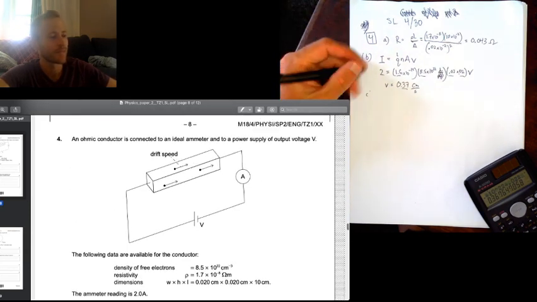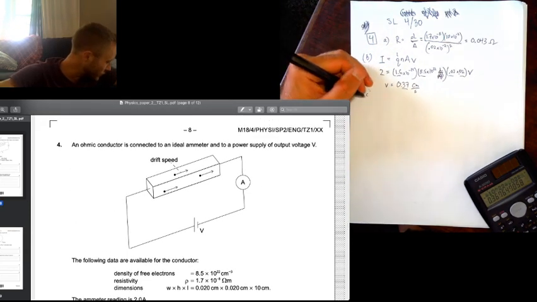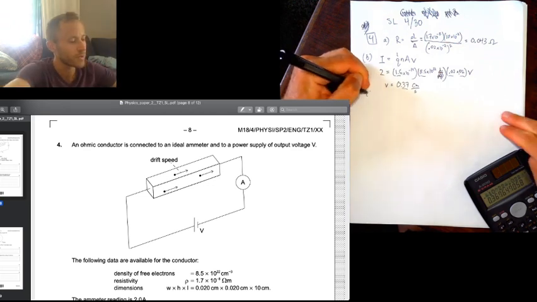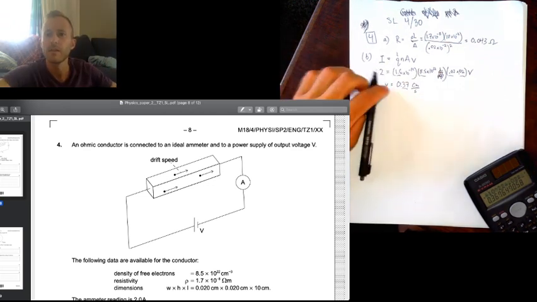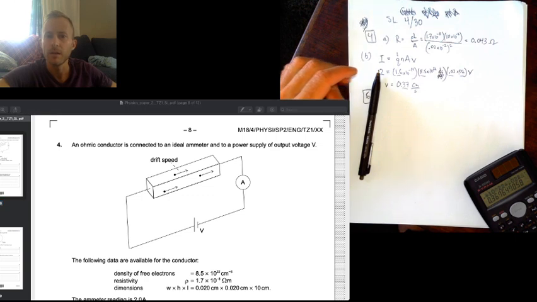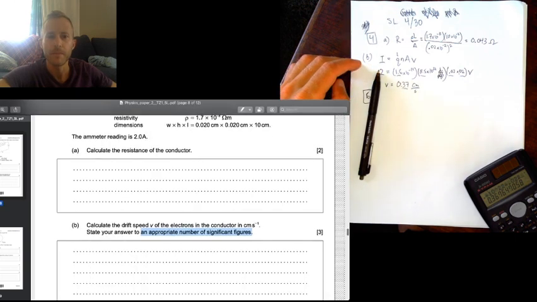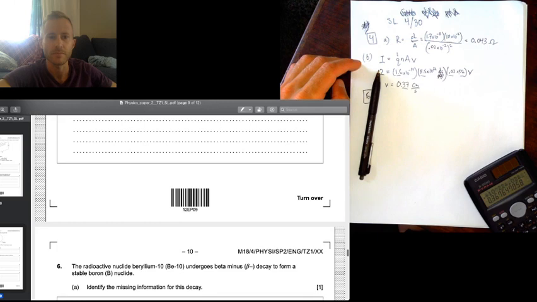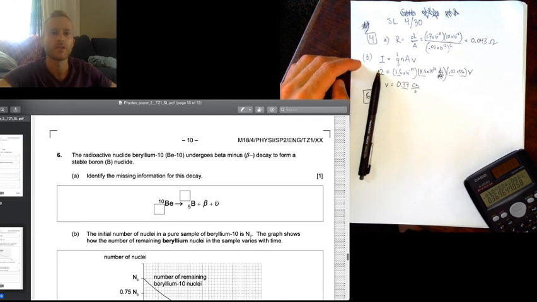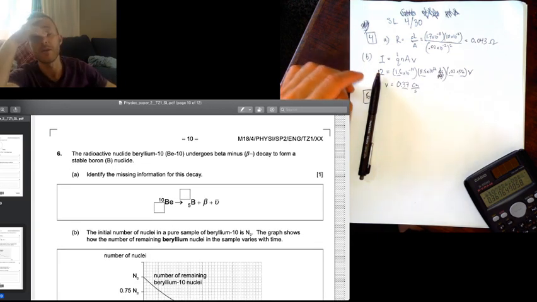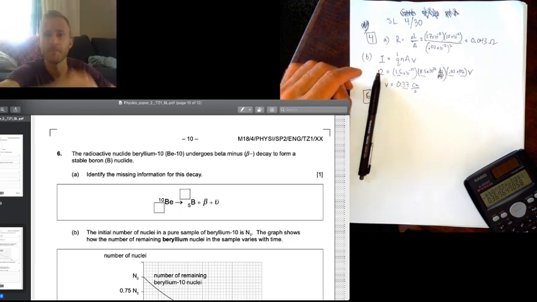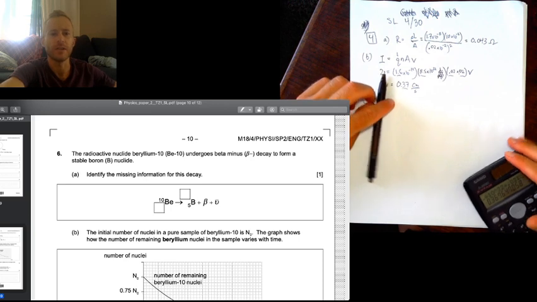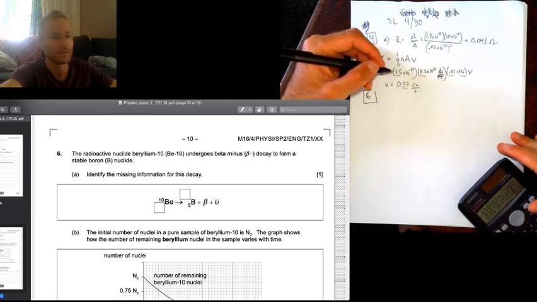So the next question I'm going to do for you guys is question 6. Question 6 says the radioactive nuclide beryllium-10 undergoes beta minus decay to form a stable boron nuclide.